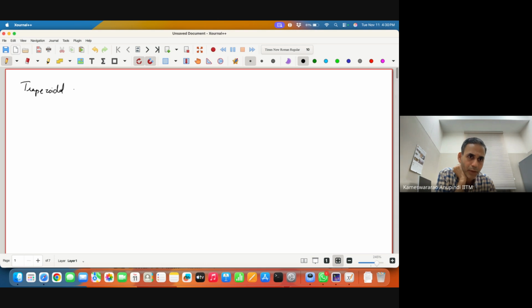Okay. Trapezoidal method. Let me recall. So what did we write? We wrote something like a by b e to the power I times alpha minus beta, right?